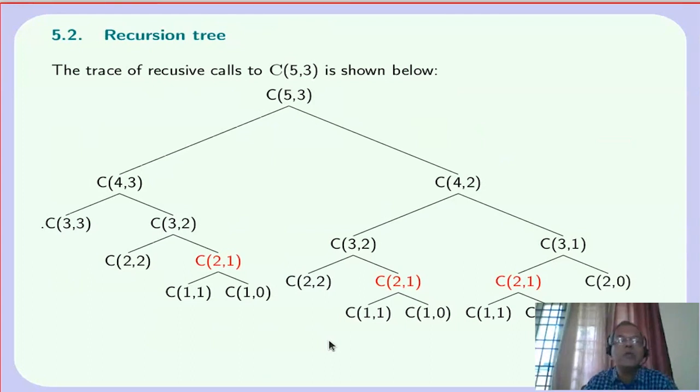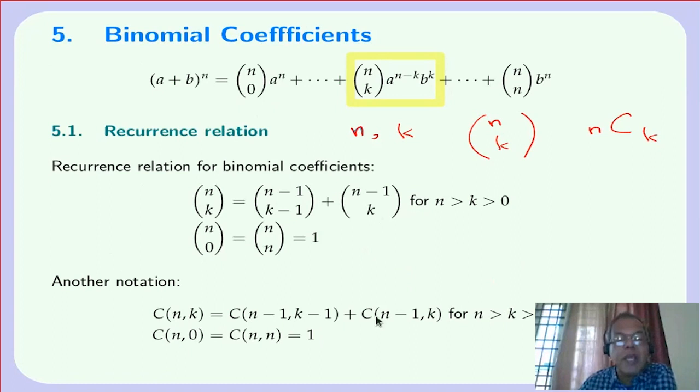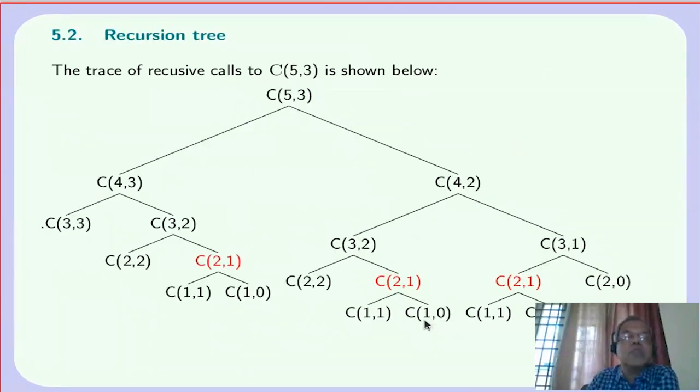We don't need to do this, just to reinforce the point that we can straightforwardly implement this definition of binomial coefficient as a recursive algorithm in a blind way. If we blindly implement the recurrence relation into a recursive algorithm, this is what we will get.